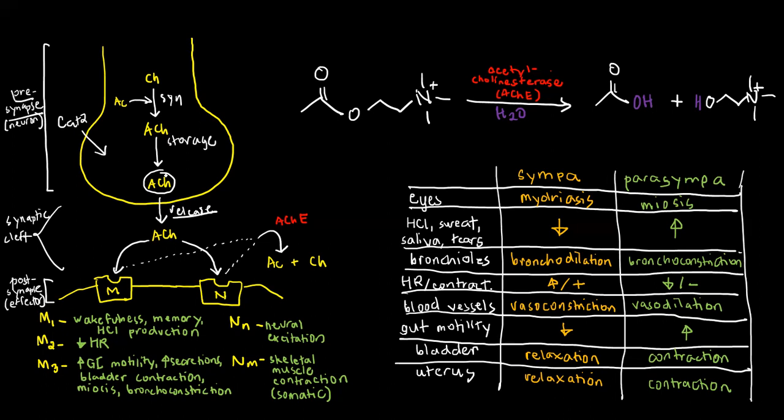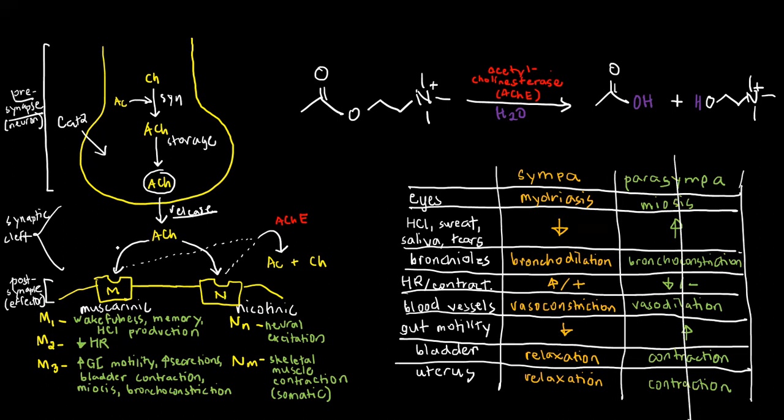So when this goes in, this goes out, it can now freely roam in the synaptic cleft, eventually reaching our two types of receptors for the cholinergic division, either the muscarinic, that's the meaning of M, or nicotinic, that's the meaning of N. Those are named after the compounds that helped us discover these receptors many years ago. And of course, we finally get the effect that we have here for the parasympathetic side.